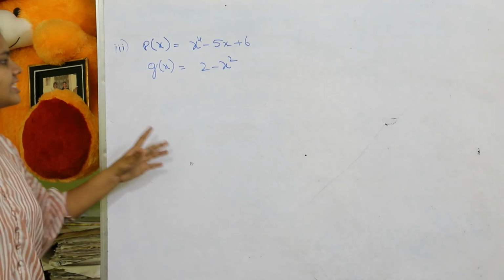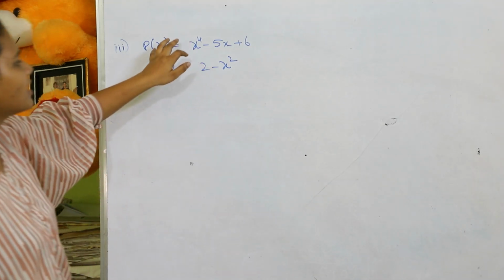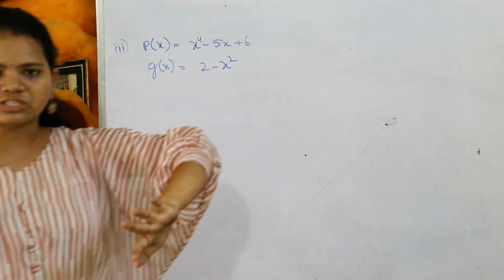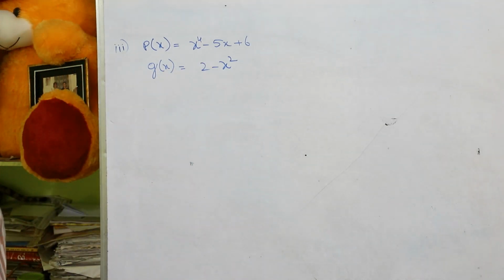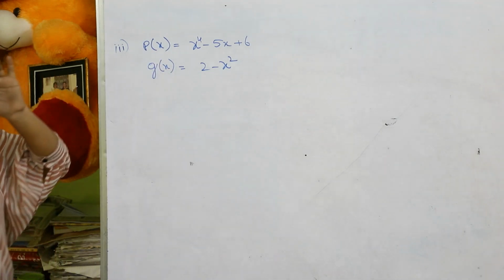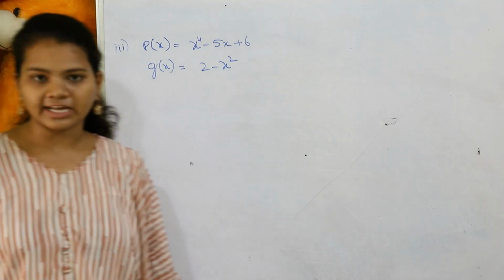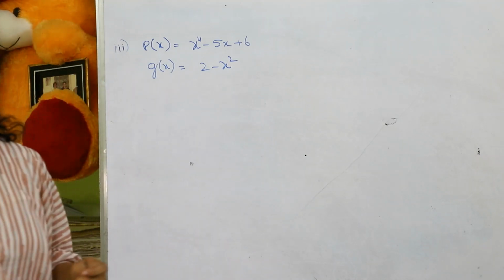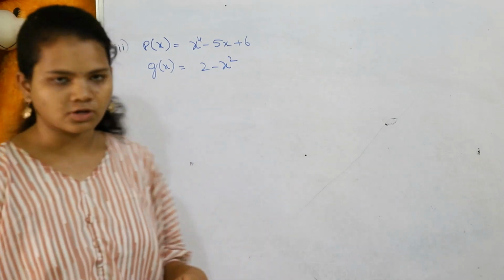So p of x is x power 4 minus 5x plus 6 and g of x is 2 minus x square. Then the question is, they have given p of x and g of x, and we must find q of x and r of x, right? We must find the q of x value and r of x value, which means we must perform the division process.